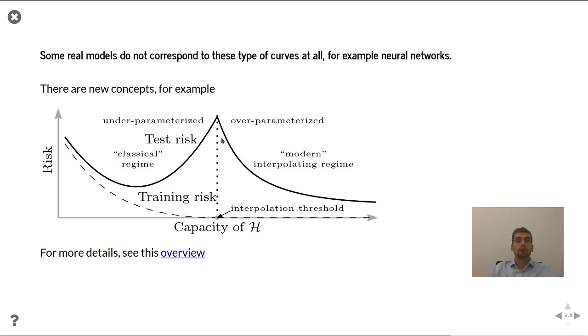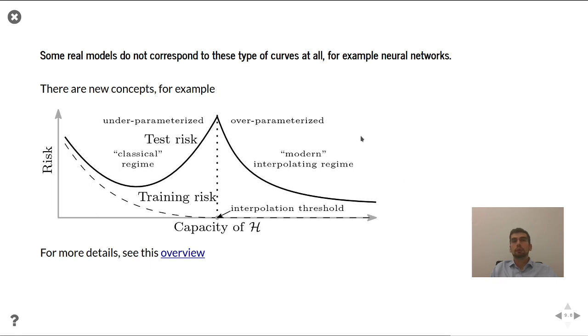But then when we move further and create too complex a model, with too many parameters, more than we need to interpolate all the training data, even more parameters, in this case the overall test risk, test error, in this area is decreasing again.